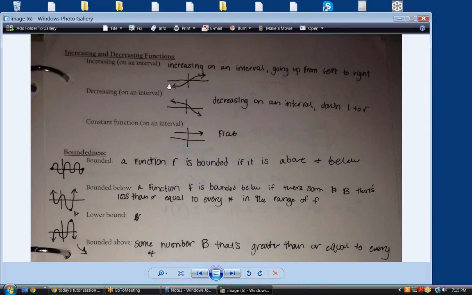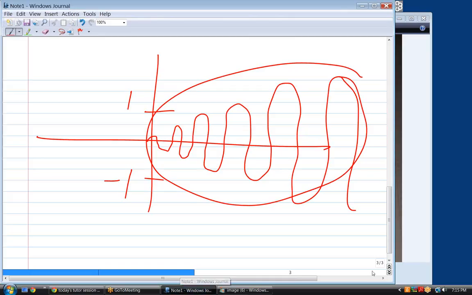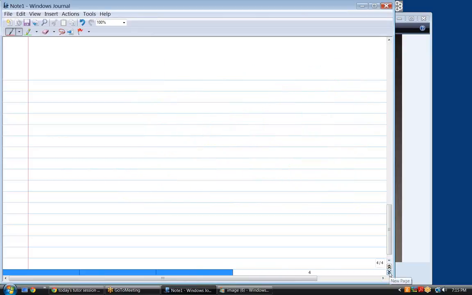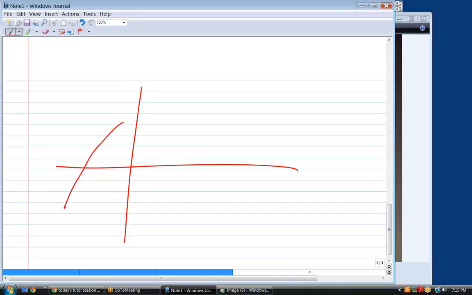Increasing just means always going from lower to higher. Okay. Let me give you an example. You tell me where it's increasing, where it's decreasing. Let me put some numbers on here.